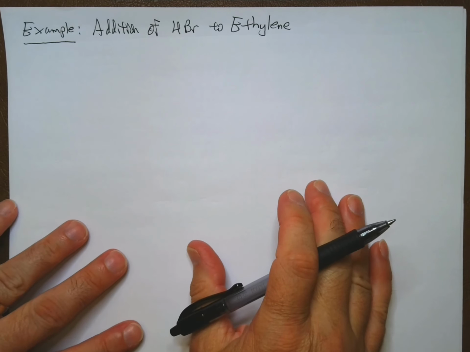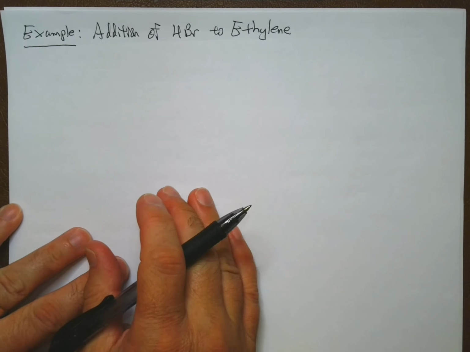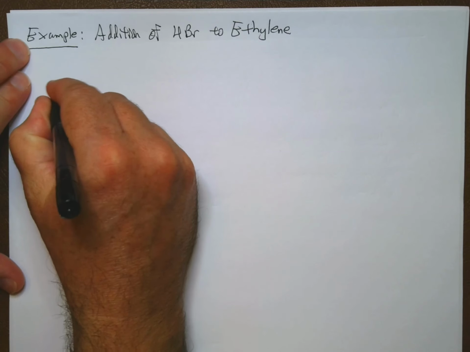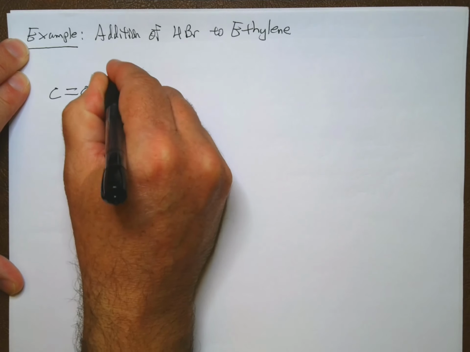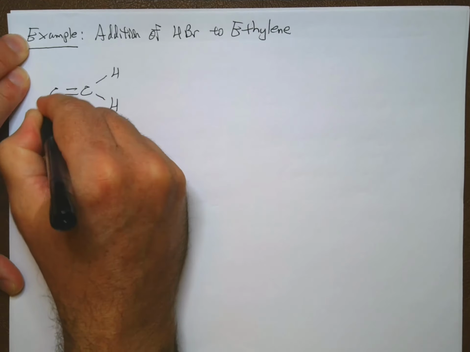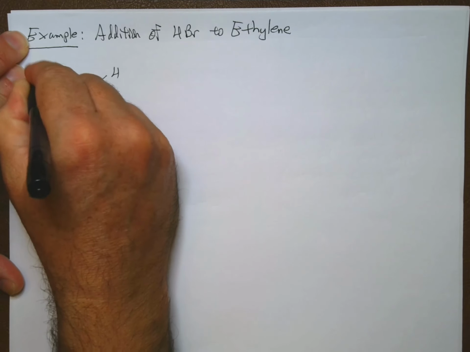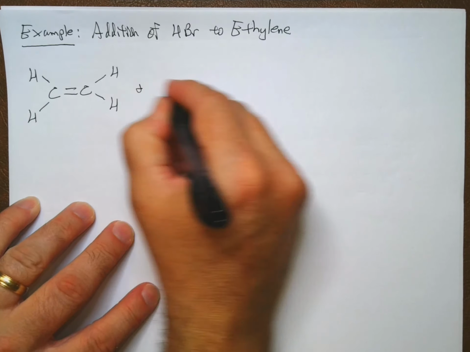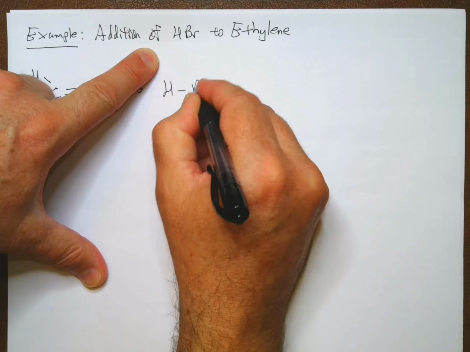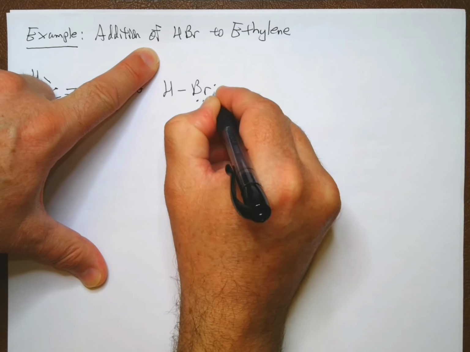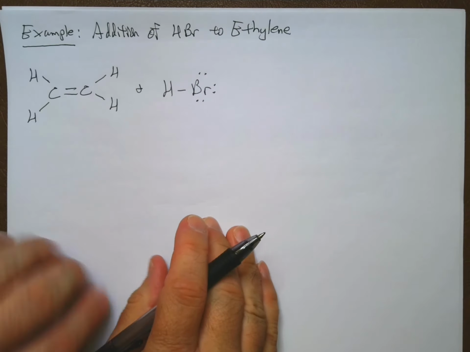Okay, we're going to add HBr to ethylene. So ethylene is this guy here, and then HBr, of course, is HBr. I'm going to draw in all my lone pairs.